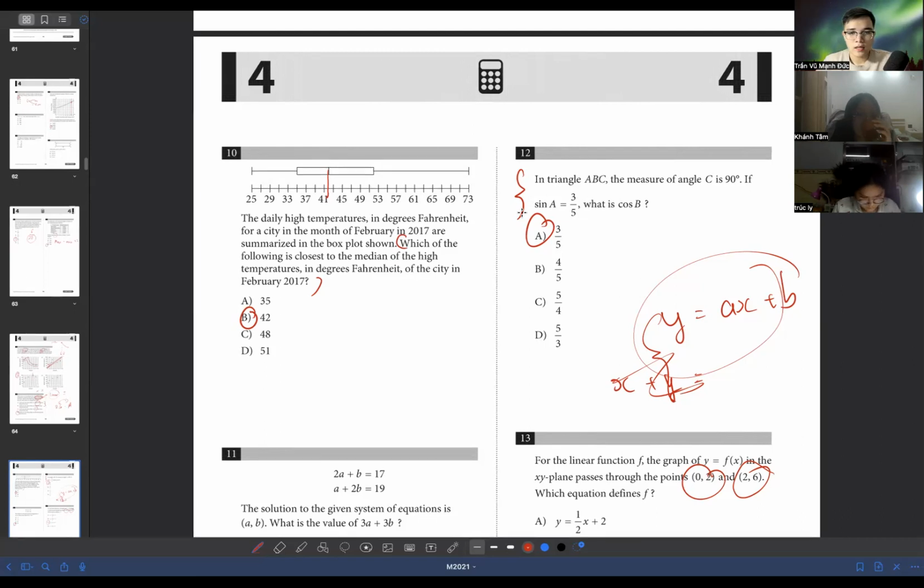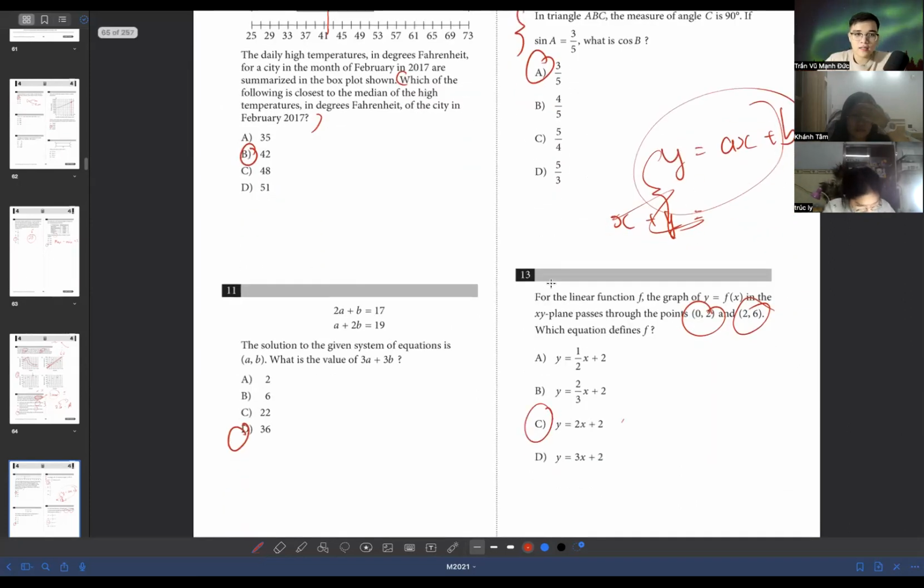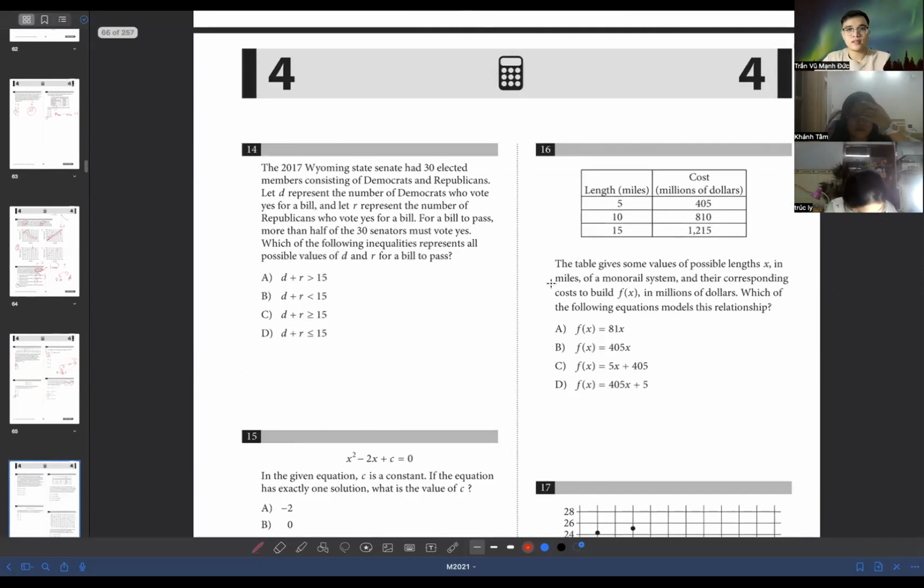But you should have a brief idea of which kind of calculator is allowed on the SAT, because if you can't bring your calculator in, you are going to have to use the built-in Desmos calculator, which is quite dysfunctional. Right, 13 is that.